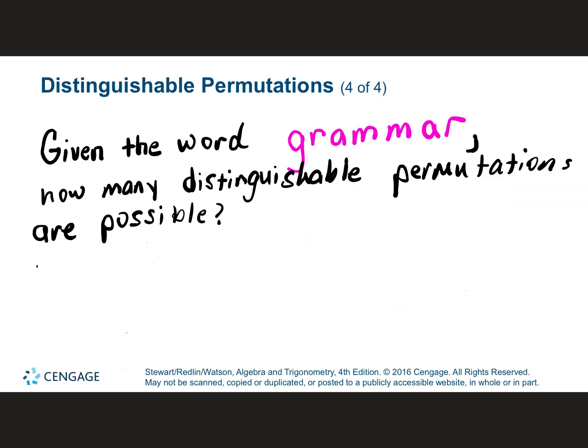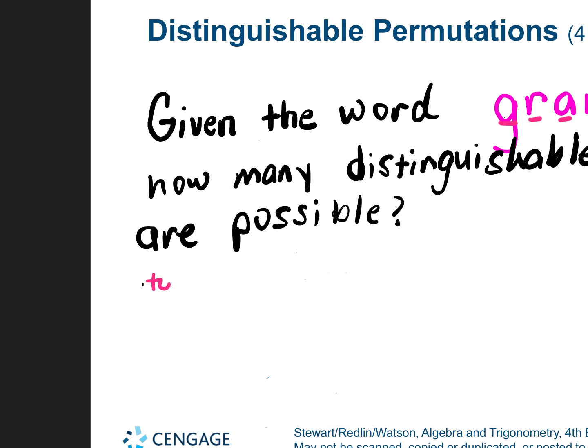Your last example tells you that given the word grammar, how many distinguishable permutations are possible. First, you want to look at the total number of letters in the word grammar. You have 1, 2, 3, 4, 5, 6, 7. So you have a total of 7.